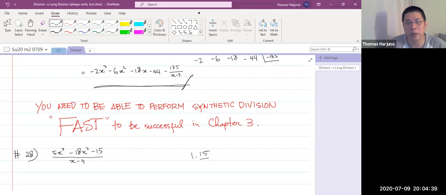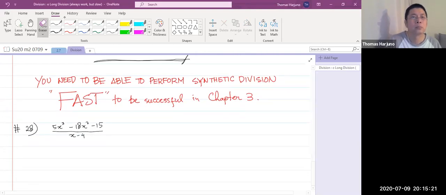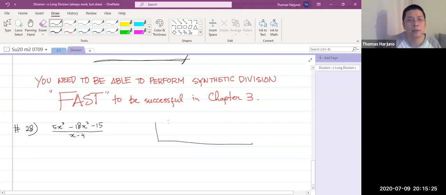Now, once we get to 115, things will go quite fast. Not because I want to make it fast, but because it's a lot of material. The synthetic division will be 5, negative 18.